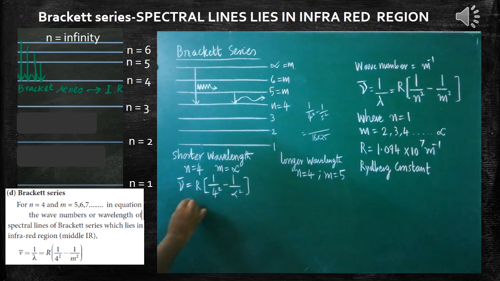This factor becomes 0, therefore nu bar is equal to r, 1 by 16, finally written as r by 16. So this is the wave number formula for this transition. And then how to calculate the wavelength? Wavelength is nothing but the reciprocal of the wave number. So reciprocate the value, you will get 16 by r.